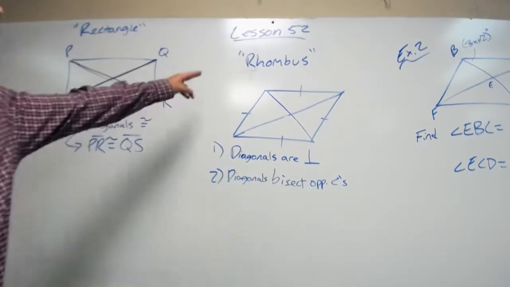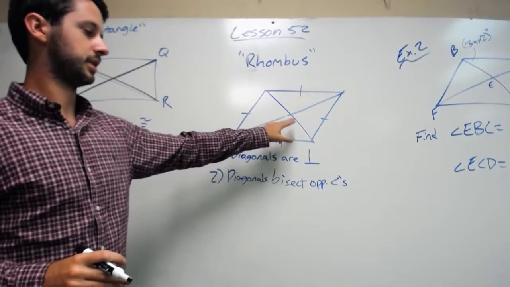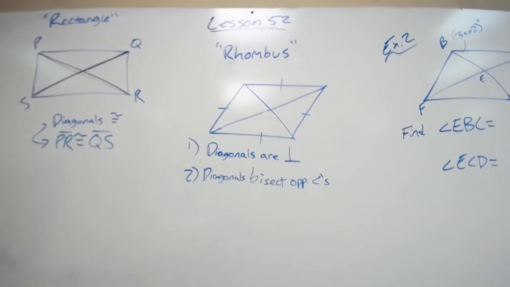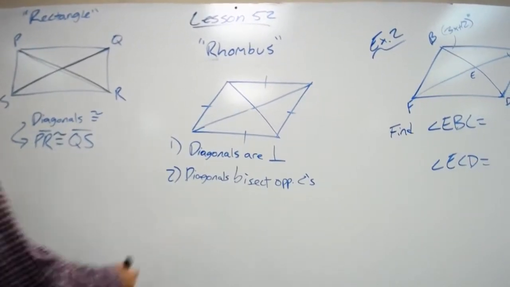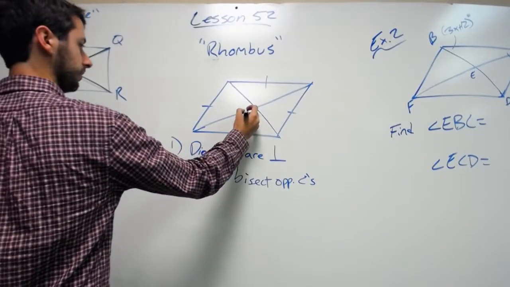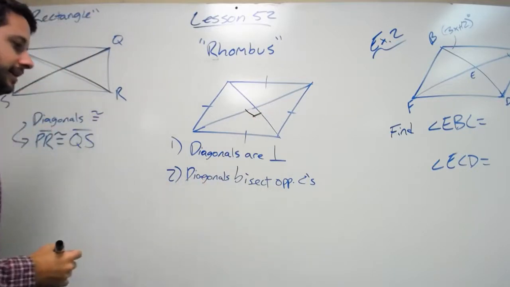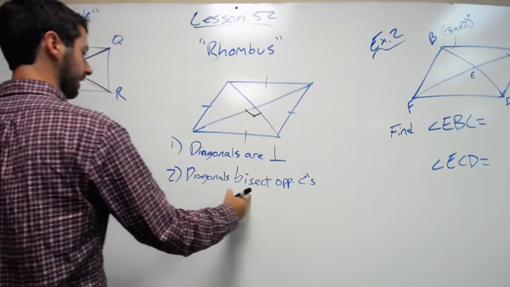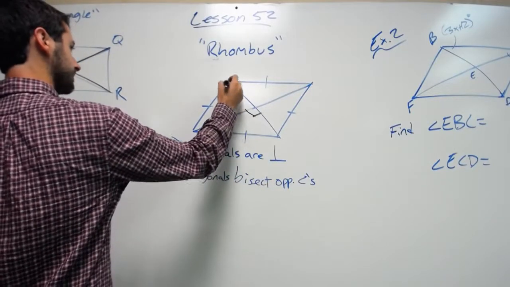For a rhombus, let's look at the diagonals in a rhombus. The property of a rhombus is that diagonals are perpendicular. So they form 90 degrees. The second property is that diagonals bisect opposite angles.